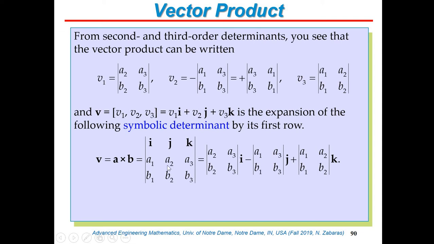This is the vector A, the components in the same coordinate system, and this is the vector B. If you expand this in the first row, you get the first component of A cross B, the second component, and the third component, the same way you expand in cofactors on the first row. The only difference is the first row is not numbers, but unit vectors. So this is a nice way to remember the determinants.